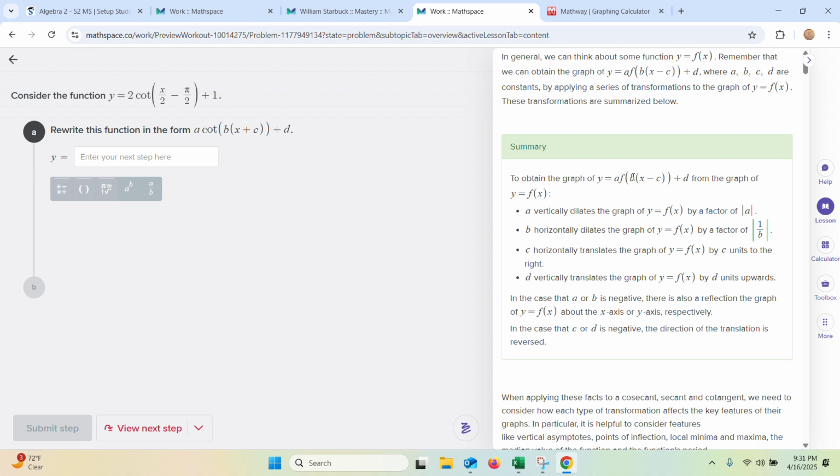The B is the hardest one. It dilates the graph horizontally, so it either makes it fatter or skinnier. And so the whole point of this problem is to find out what B is, and then once you get the B outside of it, then to figure out whether it stretches it or scrunches it, you do the reciprocal of B. So if the reciprocal of B is a fraction, it scrunches it. If the reciprocal of B is a whole number, it stretches it.